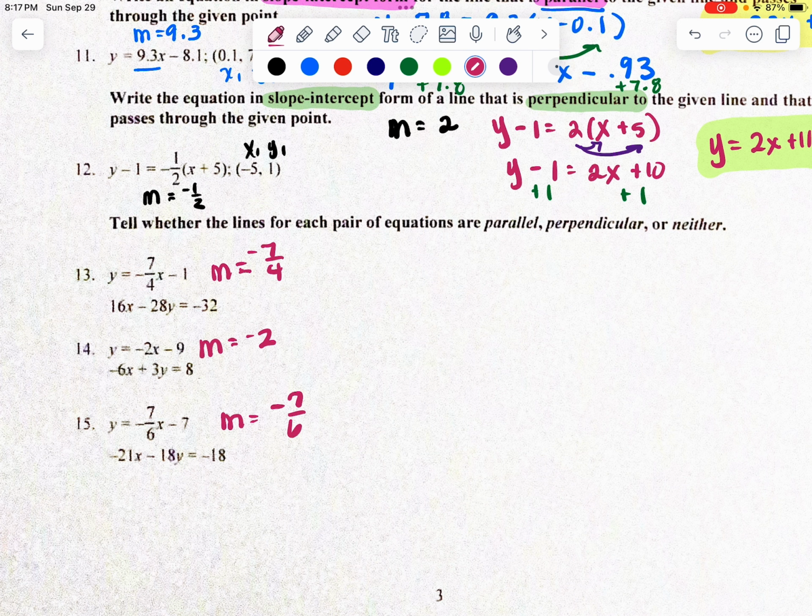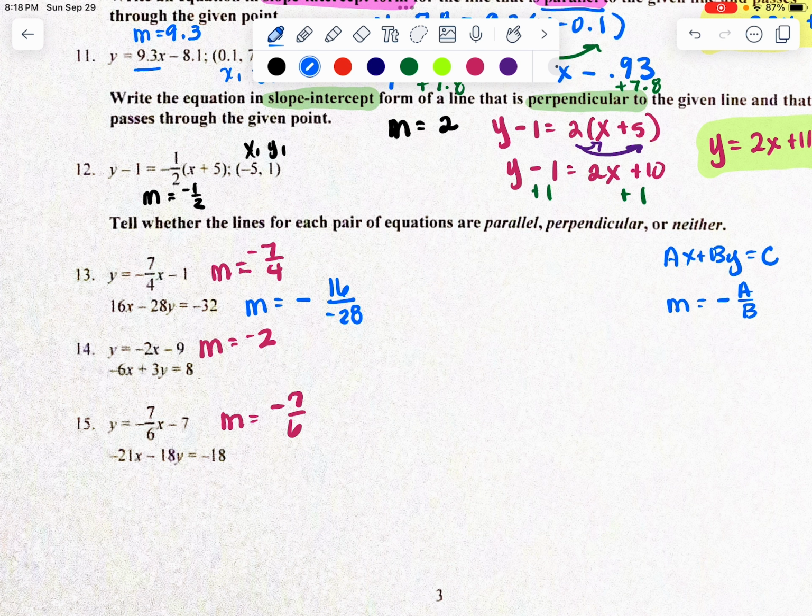It's the other ones that you're either going to have to change into slope-intercept form, or you can just use that shortcut that I showed you that said, hey, if it's in standard form, and all three of those are, all you have to do is -a/b. And that's what I'm going to do. So like on this one, I get a -16 over -28.